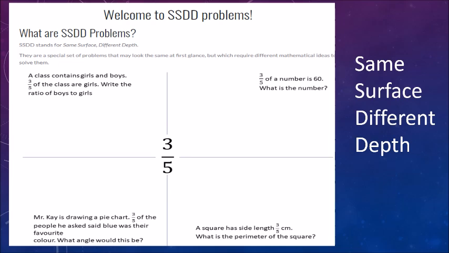We've run a lot of these SSDD questions in mathematics, and I'm sure they are out there for all other subjects. You're applying the same skill and knowledge but at a different depth, which improves the pupils' thinking and therefore helps their memory and recall.